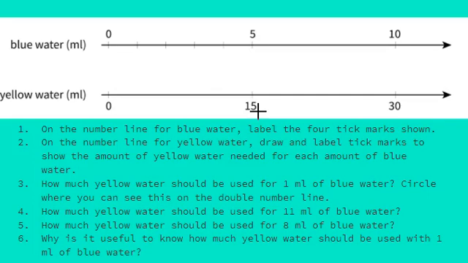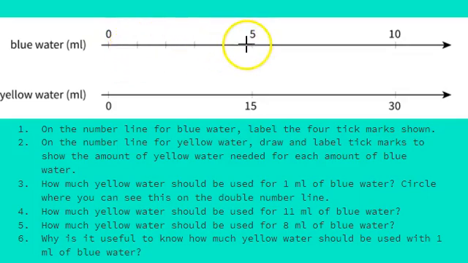So what we're going to do is go through and do a few things. You'll need to draw out a double number line graph in your notebook. First thing it says is that on the blue water line, you need to label these tick marks. Well, what's going to go on each one?